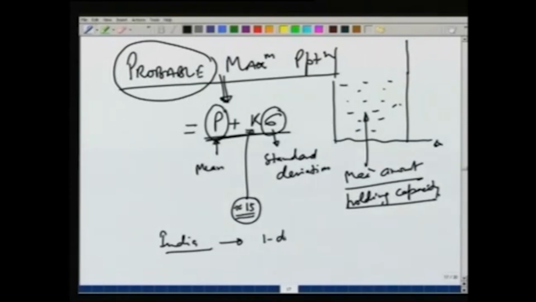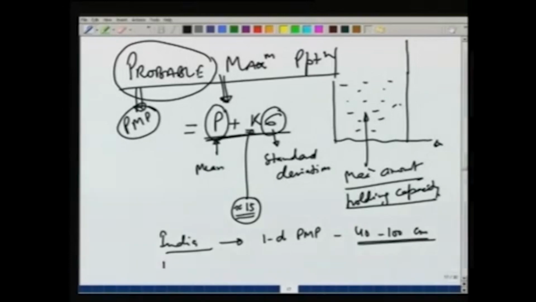So, this is probable maximum precipitation, which is generally written as PMP. 1 day PMP for India is generally taken to be about 40 to 100 centimeters, and data from all over the world has been collected, and an equation like this has been proposed for the PMP for different durations of rain.